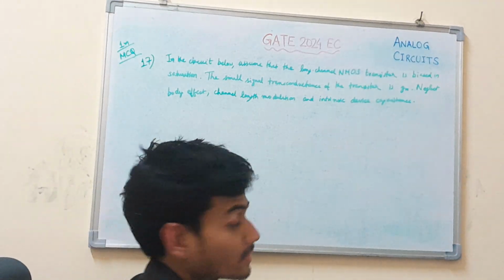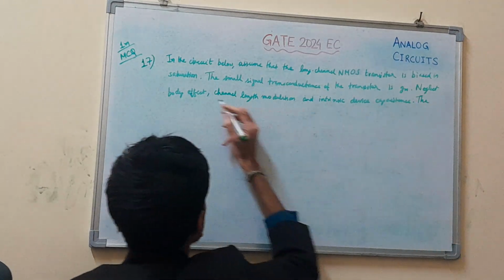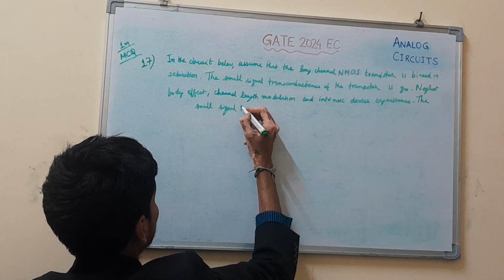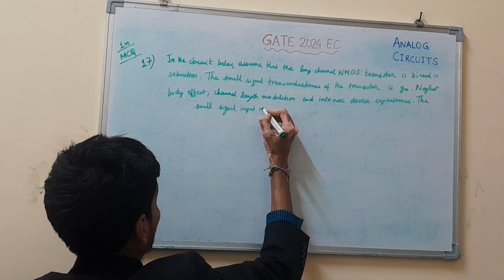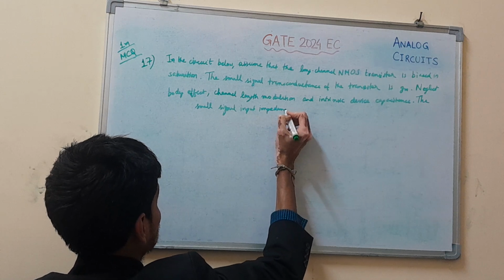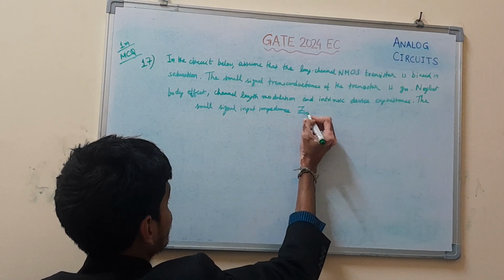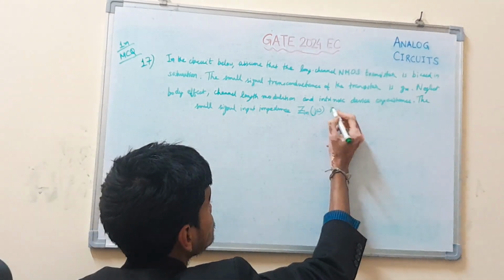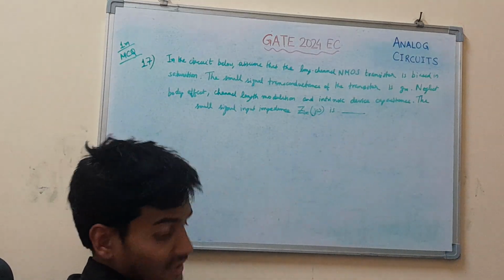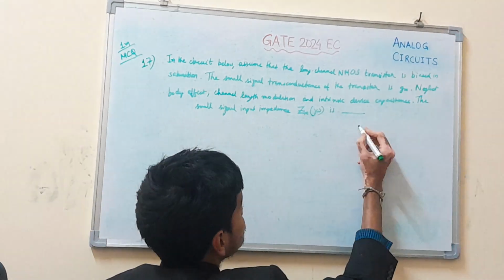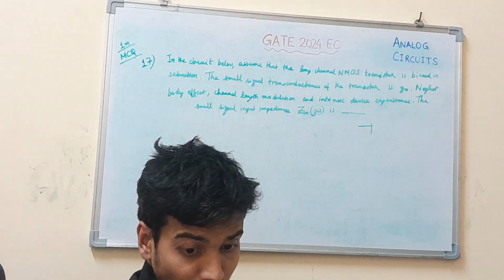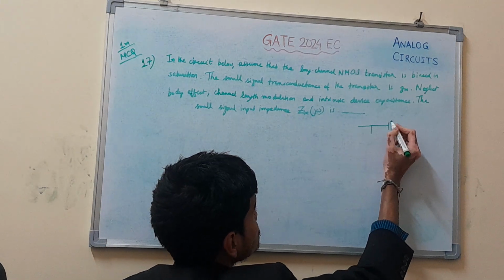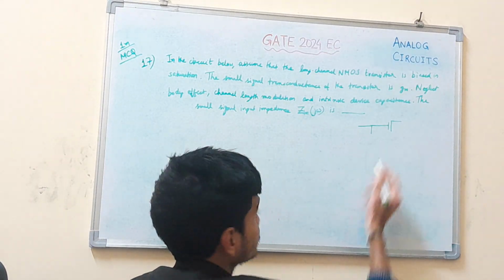The small signal input impedance Z in function of j omega is... The circuit is given as this.